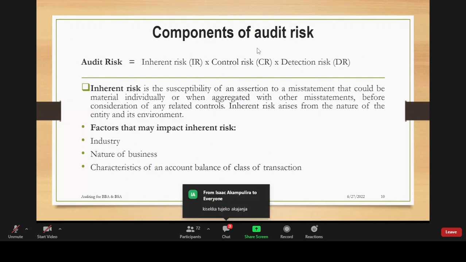So when you are determining inherent risk, you look at what industry the business is operating in. Financial institutions are more vulnerable to theft because they deal with monetary issues. Then the nature of the business. I don't know if anyone remembers a company called Yotoda. Yotoda was a transport company that used to collect a lot of cash.